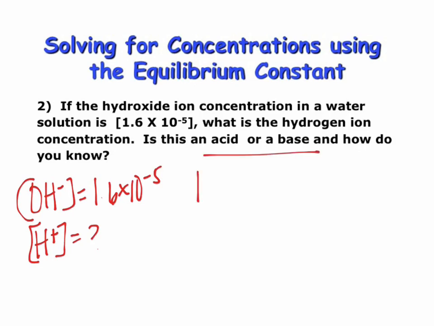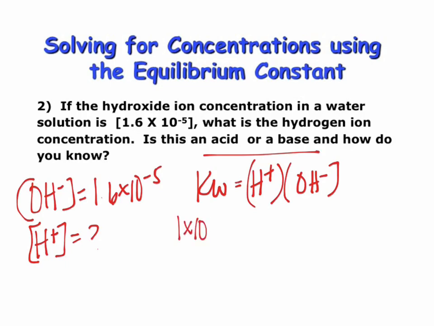So KW is equal to my H plus times my OH minus. H plus, we don't know. But we do know that OH minus is 1.6 times 10 to the negative 5th. So put that in the calculator to solve for H plus.